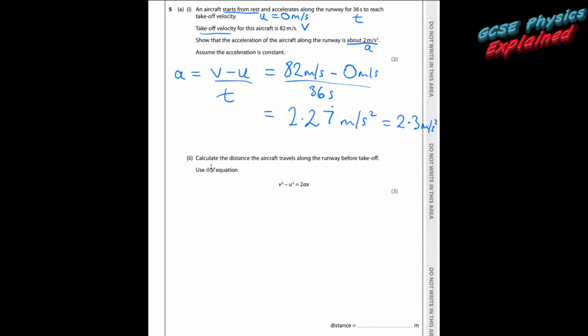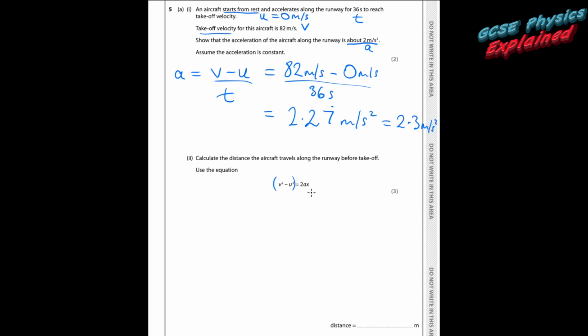Part 2. Calculate the distance the aircraft travels along the runway before takeoff. Use the equation v squared minus u squared equals 2ax. So x is the distance, so that's our target. It's best to pop those in brackets when you're rearranging, because that's one thing take away another thing. We can just keep those together as we rearrange.